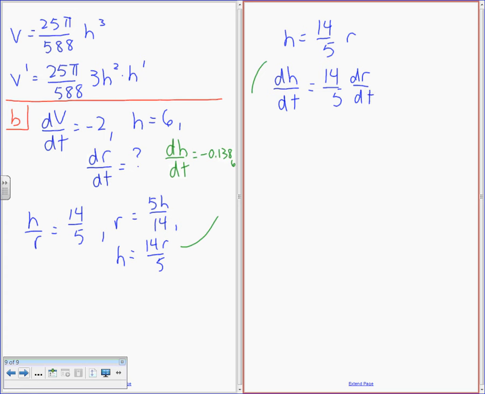Now, the reason we can get away with this, in this case only, is because everything's the same as the first question except for dr by dt. Because we already know what dh by dt is at the height of 6, you don't need to solve it all out again. You could, and you'd get the same thing. So with this way, I'm going to sub my values and get negative 0.1386 equals 14 over 5 dr by dt.